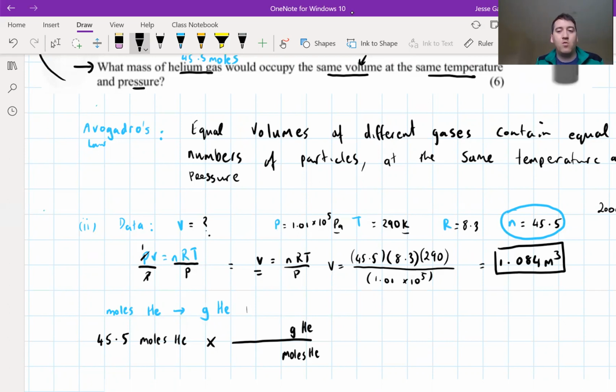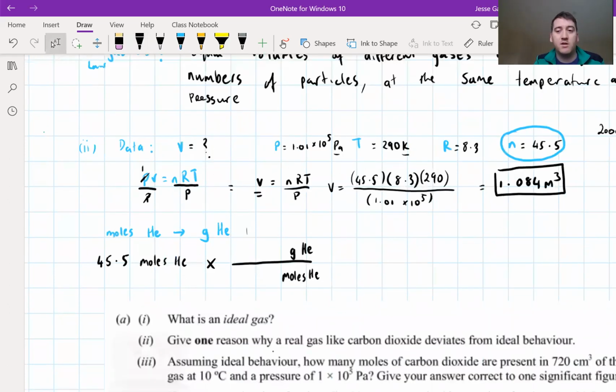What's the relationship between moles of helium and grams of helium? You should be able to do this. Pause the video, write it down. Again, we learned that for every 1 mole of helium, it would have its molecular mass in grams. Now, helium gas, if you look at the periodic table, has a mass of 4. So 4 grams for every 1 mole. Pause the video, go ahead and finish this. All right, so 45.5.